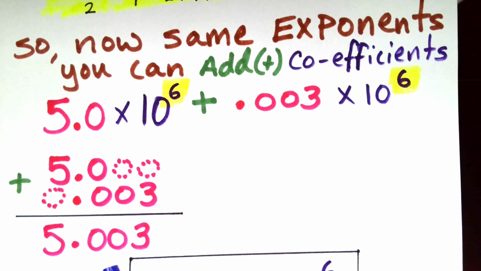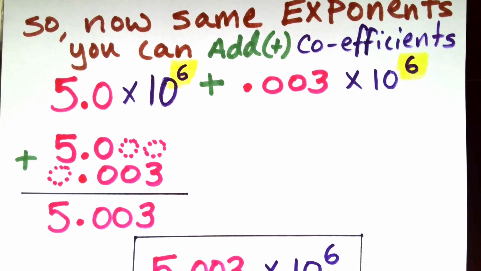Do I have a number in scientific notation, a coefficient number, that is between 1.0 and 9.99? I absolutely do. 5 fits almost right in between those two values. And so now I would like to show you that answer.